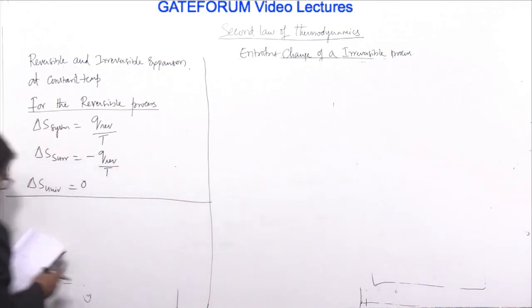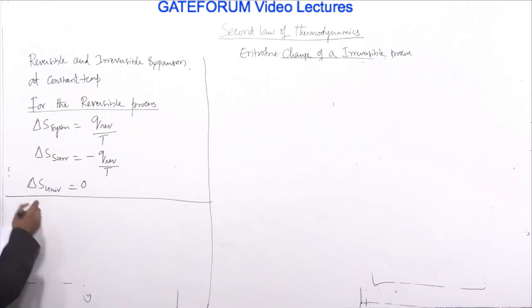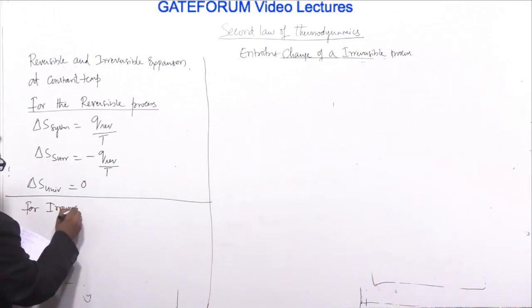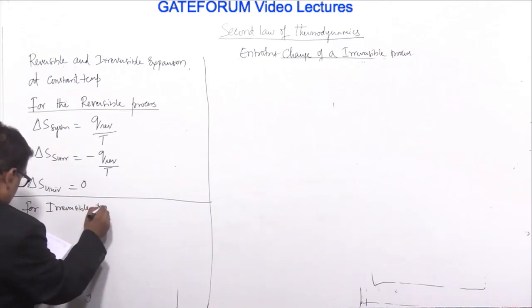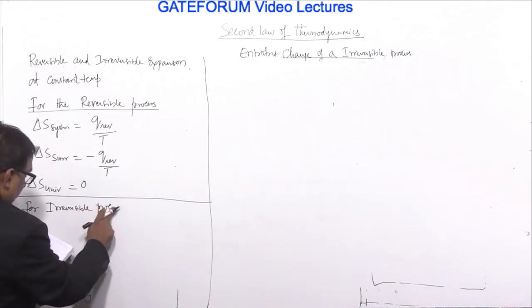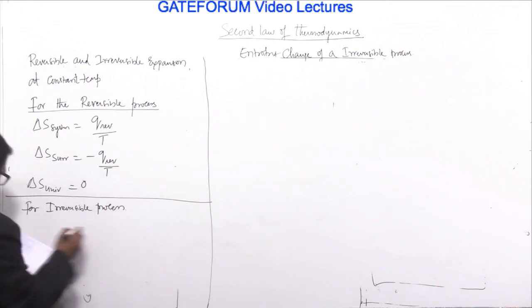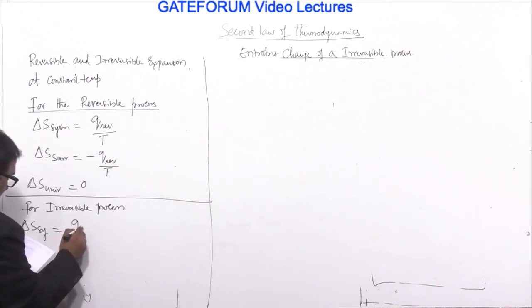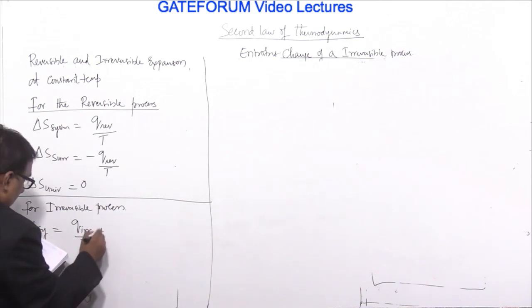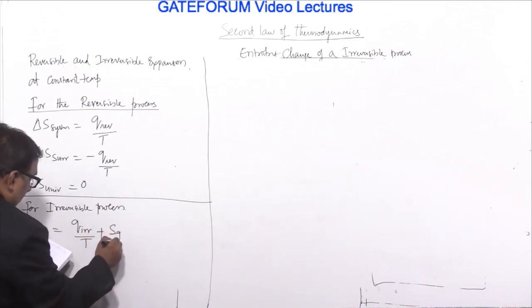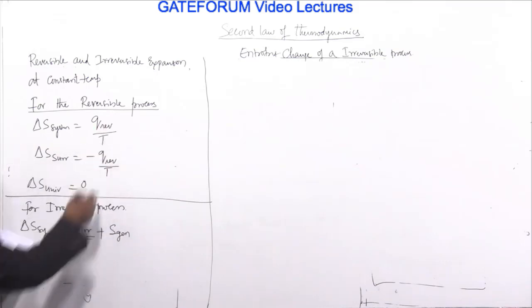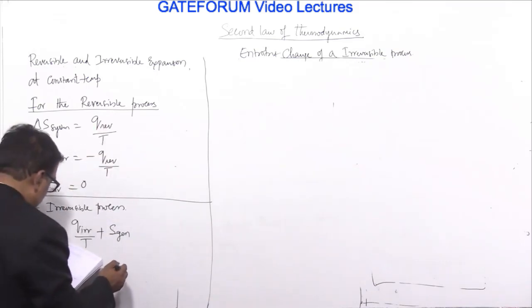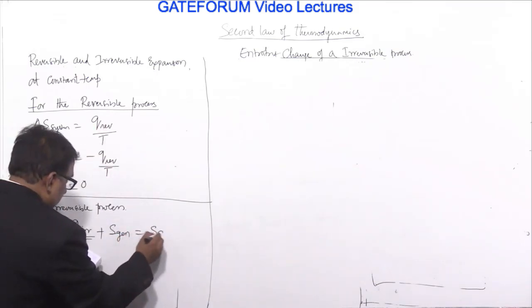This is one observation. For the irreversible process, Q irreversible by T, because irreversible has S generation.